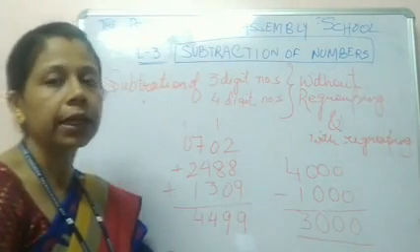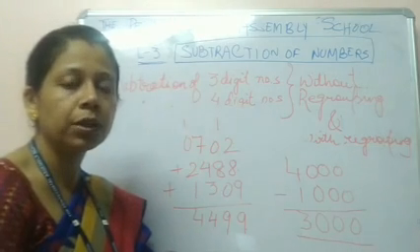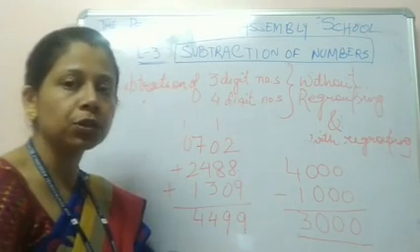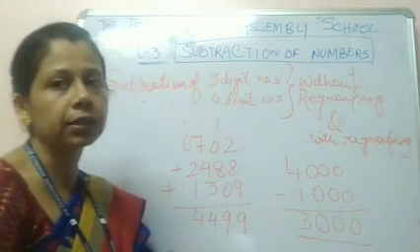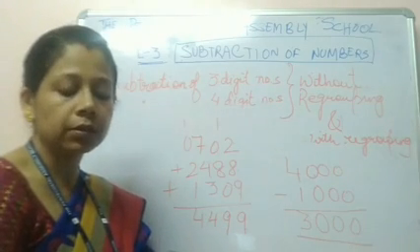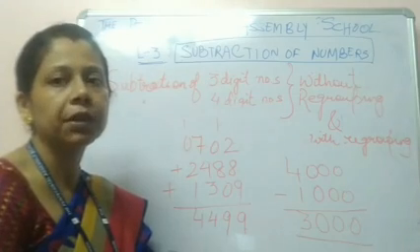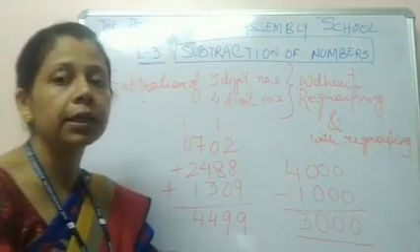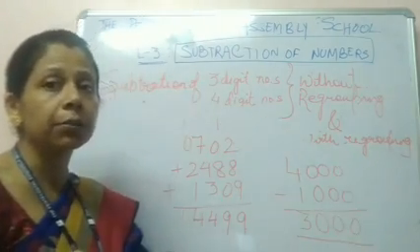Next, 8642 minus 8642. The answer will be 0, because when a number gets subtracted by its own self, the answer is 0. Then C, 3571 minus 1. So it is getting subtracted by 1. So the answer will be the predecessor of the number given.